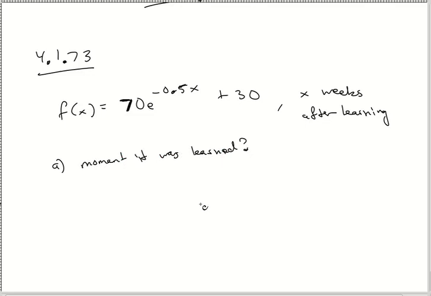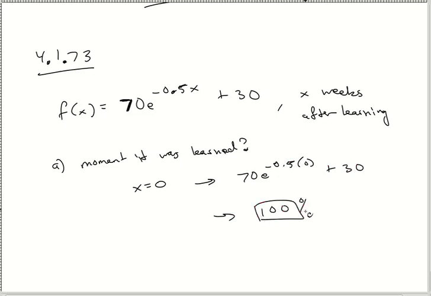How much time has passed? How many weeks have passed? 0 weeks. So I plug in a 0, and I just figure the whole thing's going to cancel or something. Nope. When you put it in the calculator, I got 100. Yes, that is 100% of people remember what they were taught the moment it was learned.